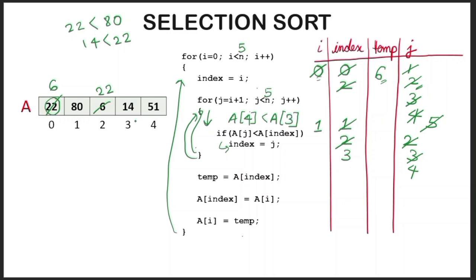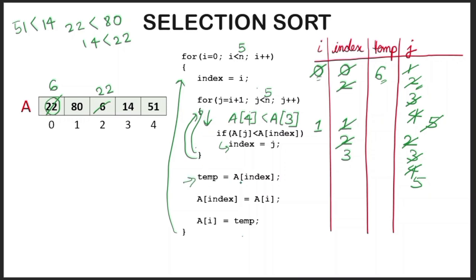So what is there in a of 4? A of 4 is 51. Is it less than a of 3? What is a of 3? Your 14. Is 51 less than 14? No. Condition is false. We will come to the inner for loop, increment the value of j. So now j becomes 5. Is 5 less than 5? Condition is false. We will come out of the inner for loop and execute this statement.